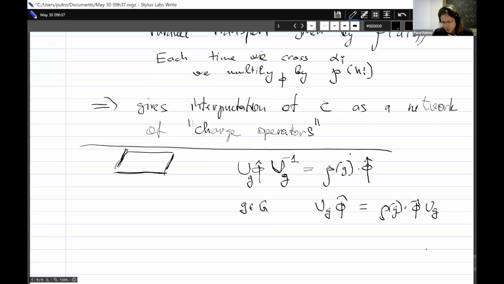This can be interpreted as commuting this U operator with this phi operator gives me a multiplication by rho of G. And this is exactly analogous to what we just had about this crossing, right? So we have this phi and U_G.